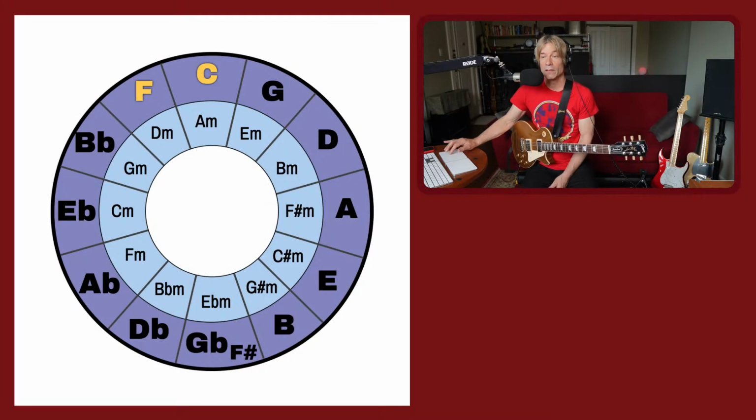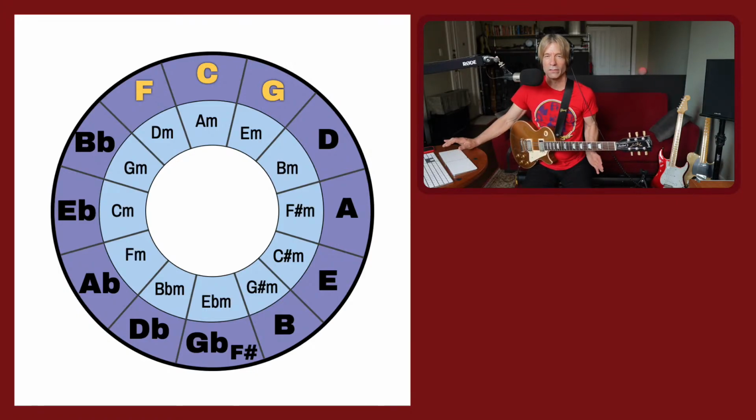Well, I think some of these questions are going to be pretty much the same answer. Why is 1 between 4 and 5? Because on the circle of fifths, the 1 chord is the main parent key right there. So it's in between the 4th and the 5th.